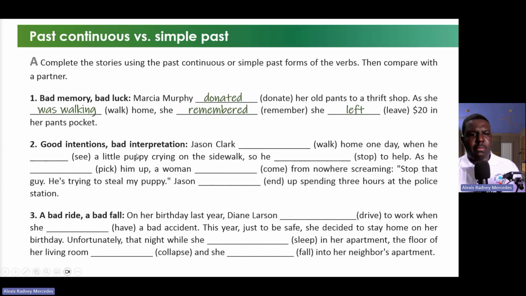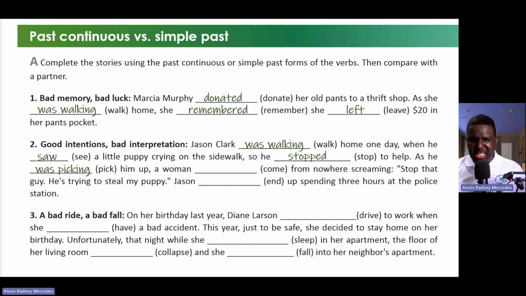Good intention, bad interpretation. Okay? Jason Clark was walking home one day when he, what do you think? He saw, very good, a little puppy crying on the sidewalk. So he stopped to help.